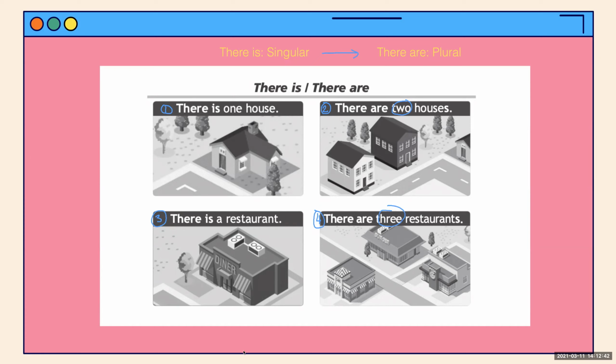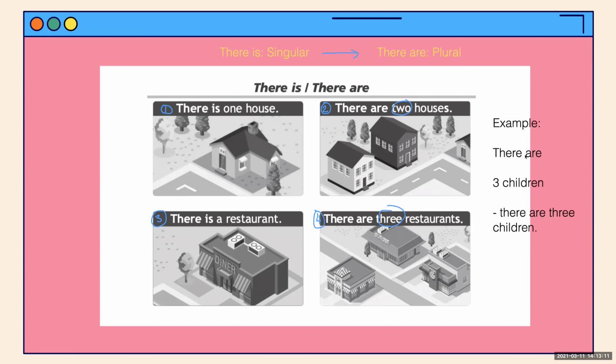And just to have a few other examples for my students who might need additional help, we'll put an example on this side for there are. For example, let's say that we have 3 children. We're going to say there are 3 children.